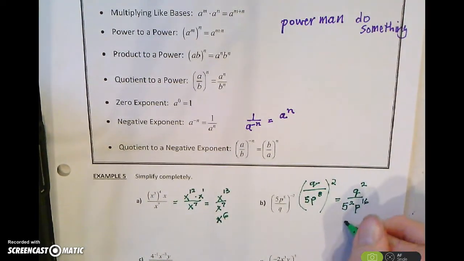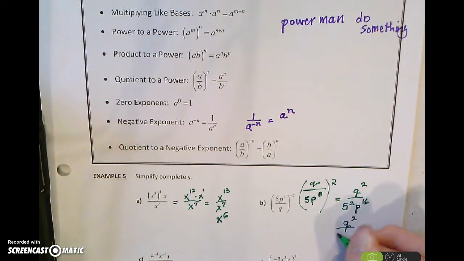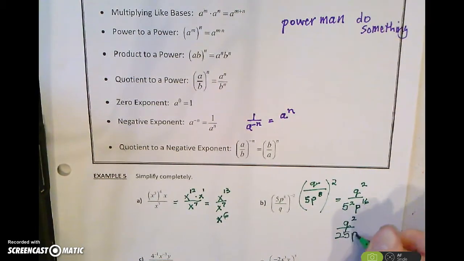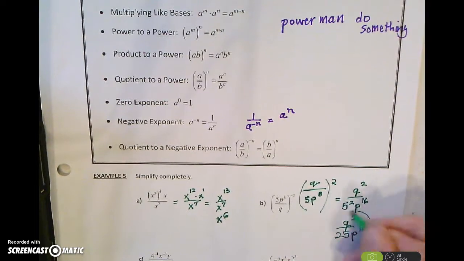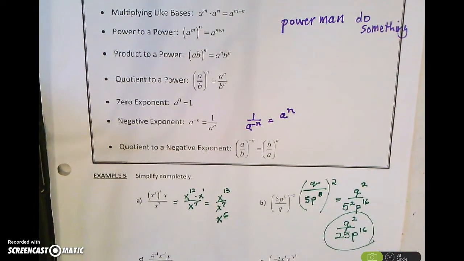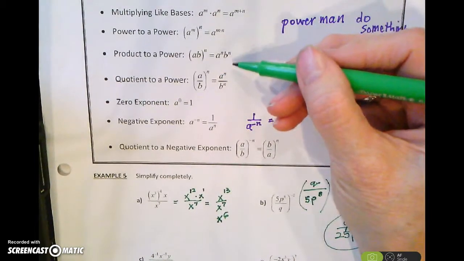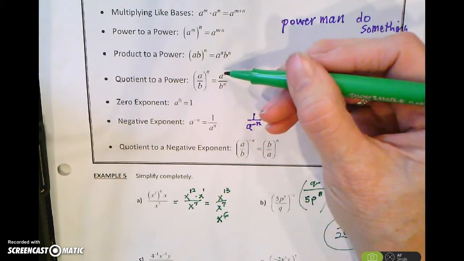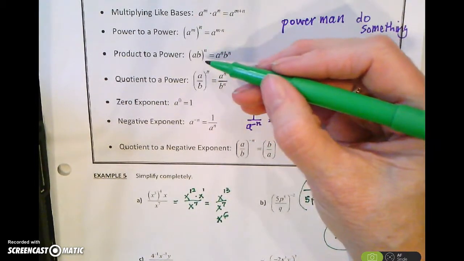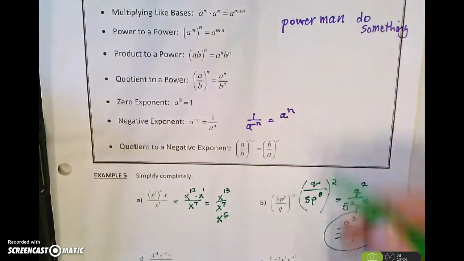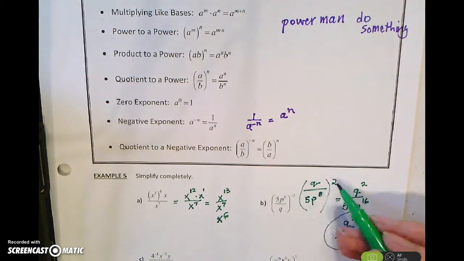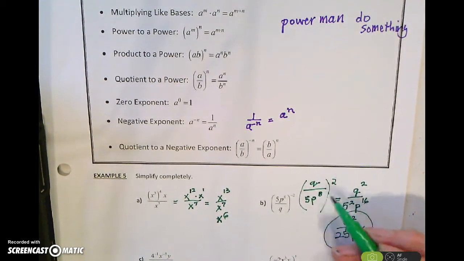So then that will simplify to q to the 2nd divided by 25p to the 16. 5 times 5 is 25. So note when I was doing this, I was using both the quotient to a power and the product to a power, as well as a combination of both of these things.